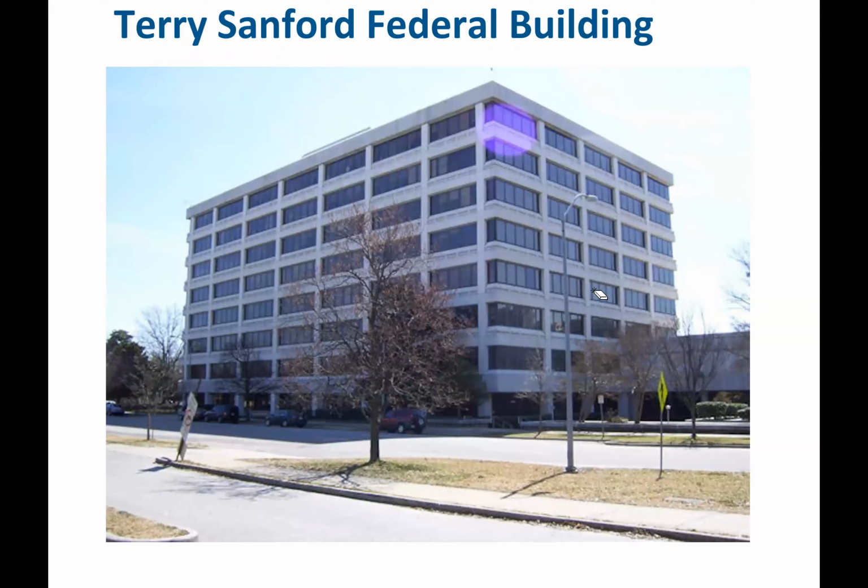I don't know if any of you have, I don't think I've ever driven by this building, or else I haven't recognized it, but this is the Terry Sanford Federal Building on New Bern Avenue. Hopefully none of you are ever indicted for a federal crime, but if so, the upshot is you don't have to go very far if you're in Raleigh. You just go to this building, and this is where your trial would occur, right here in Raleigh.